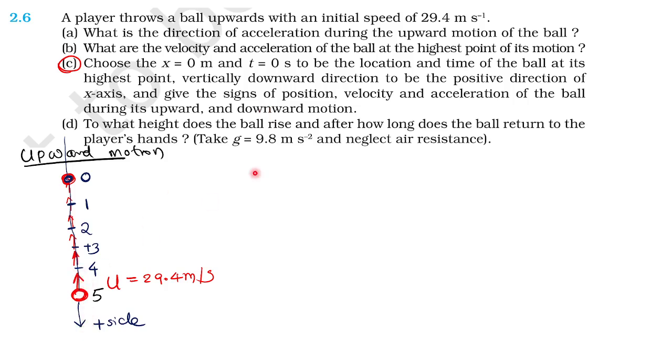They are not talking about displacement. Position: plus 5, plus 4, plus 3, plus 2, plus 1. All these numbers are positive numbers. Understood? They are talking about position. During upward motion, the position is positive. So for upward motion, position is positive.